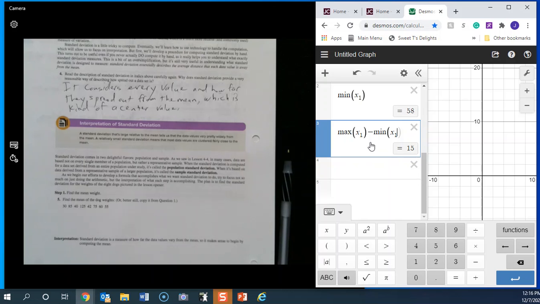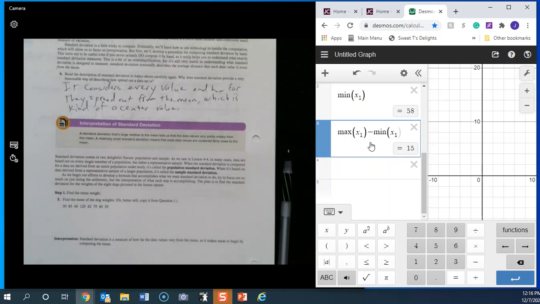As we begin our efforts to develop a formula that accomplishes what we want standard deviation to do, try to focus not so much on just doing the arithmetic, but the interpretation of what each step is accomplishing. The plan is to find the standard deviation for the weights of the 8 dogs pictured in the lesson opener. Find the mean weight.